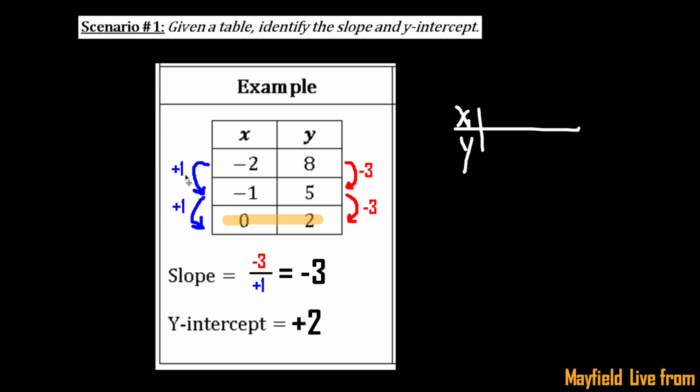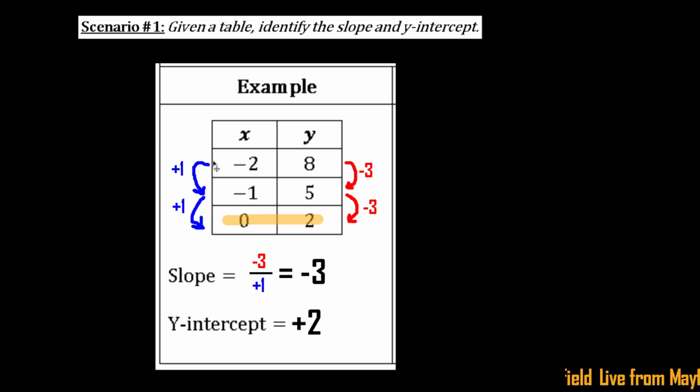Either way, it still works out like this. You would say your x values are here, and what is it increasing by? Our x values are increasing by one step. For the y values, however, it's decreasing by 3.